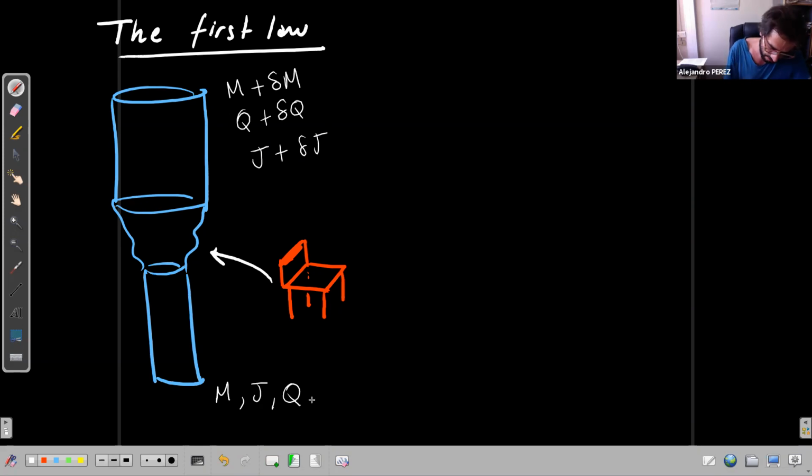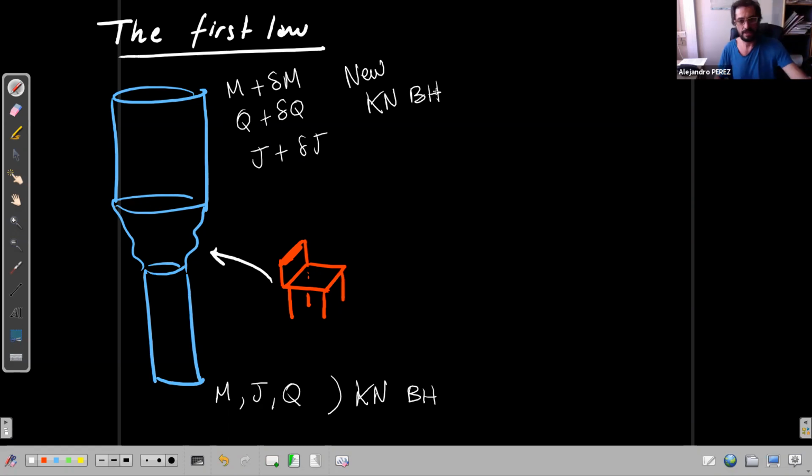But again, we go from one Kerr-Newman black hole to a new Kerr-Newman black hole, if we wait long enough, from one equilibrium situation to a new equilibrium situation.